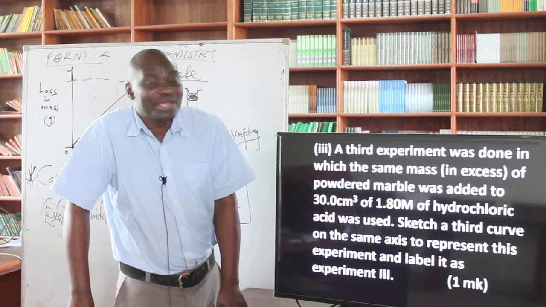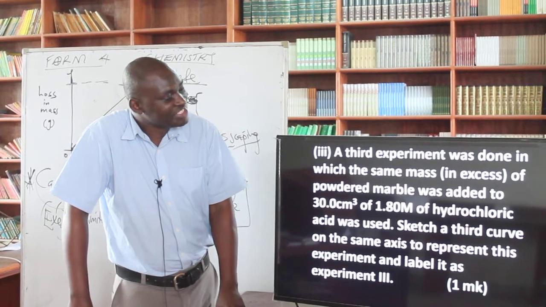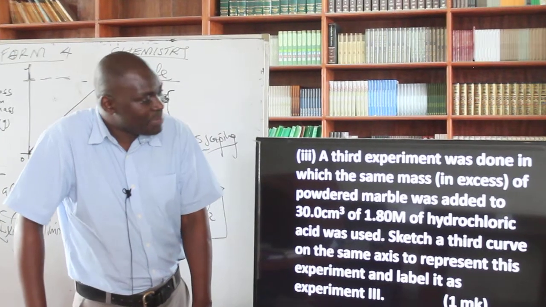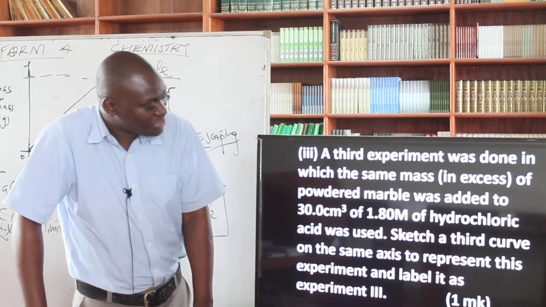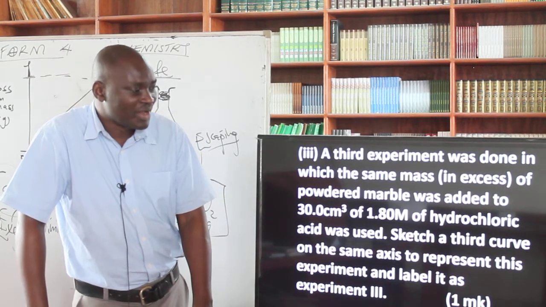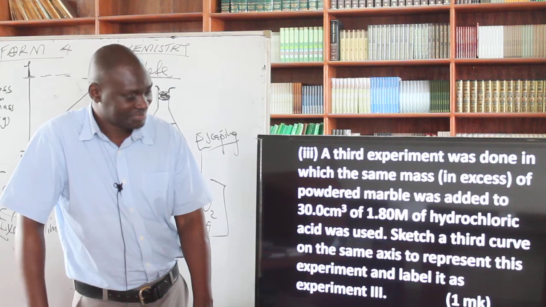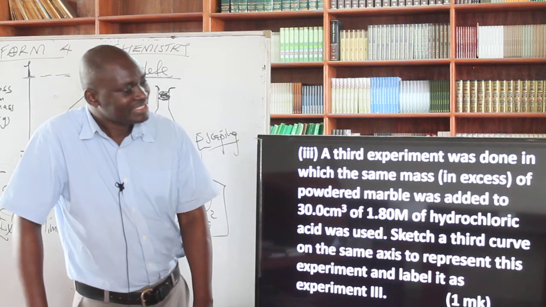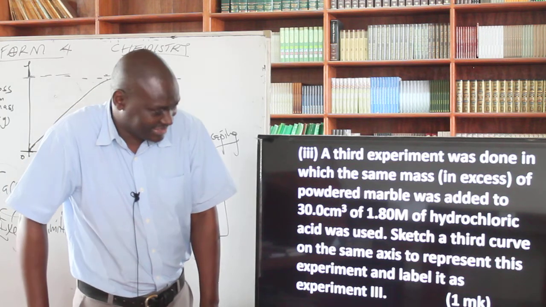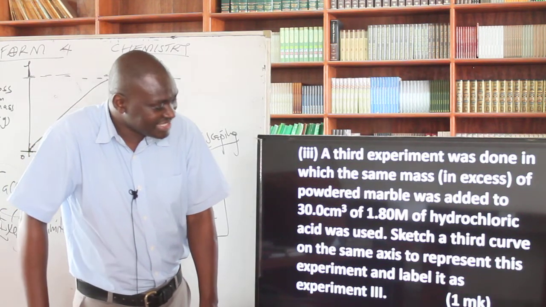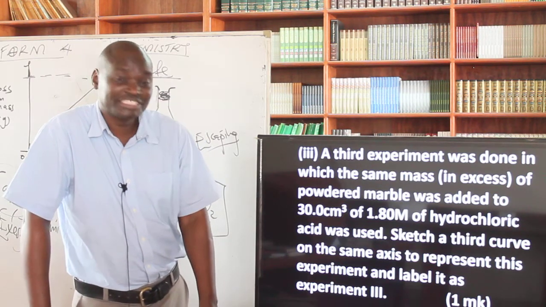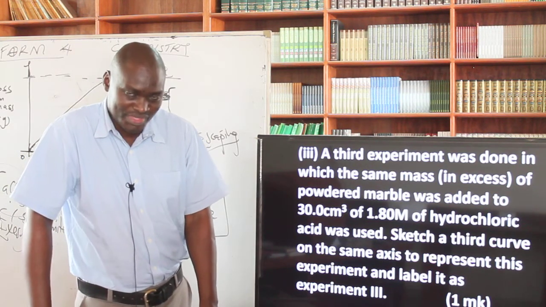A third experiment was done in which the same mass, but in excess, of powdered marble was added to 30 cm cubed of 1.8 molar hydrochloric acid. Sketch a third curve on the same axis to represent this experiment and label it as experiment 3.